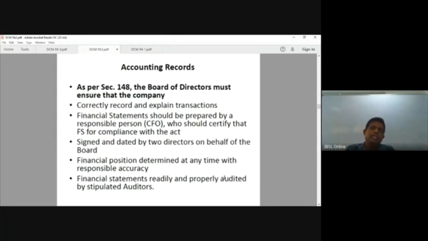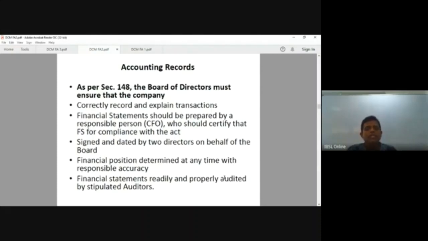And not only that, they will have to hold an AGM also. In order to do the AGM, you have to send the financial statements or the annual report of the particular bank 15 days prior to the AGM. Therefore, all the banks are working very hard to achieve those deadlines.